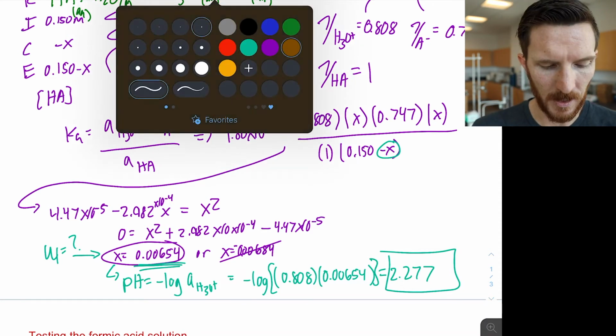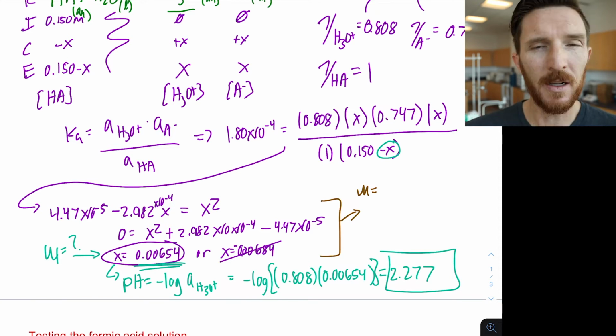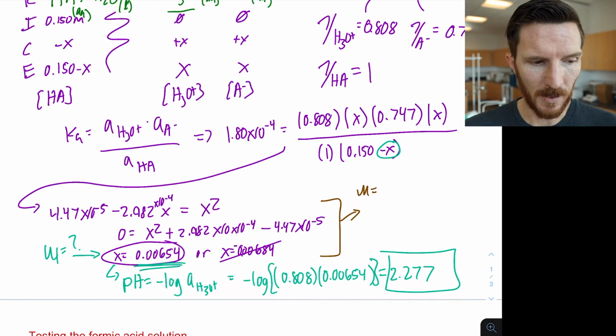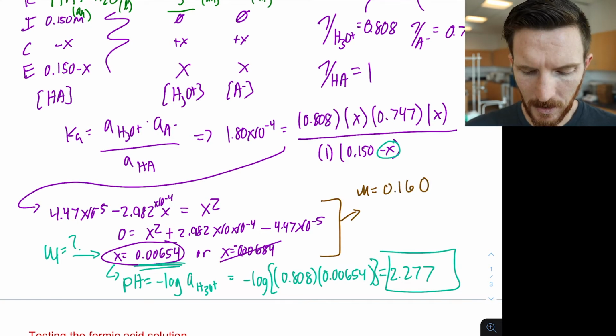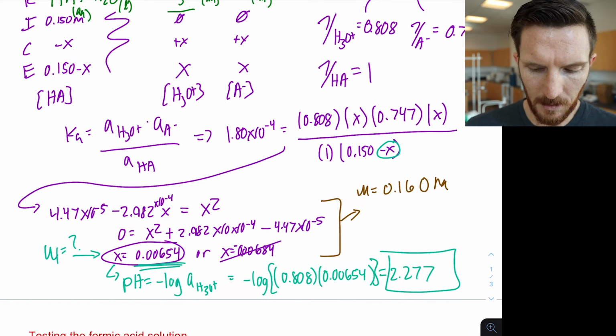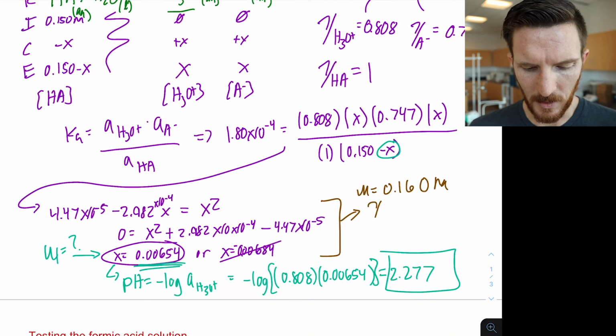Will they influence our ionic strength? If we look at that now, what we'll find is that once we include the A-, our formate ion, and the hydronium ion, our ionic strength is now going to be 0.160 molarity because of the inclusion of our H3O+ and our A-, the formate ion.